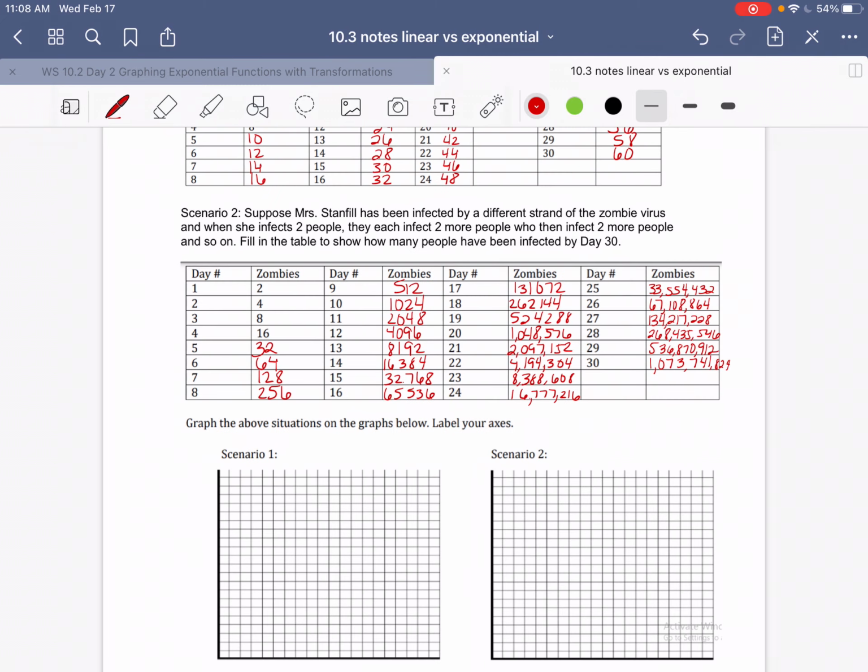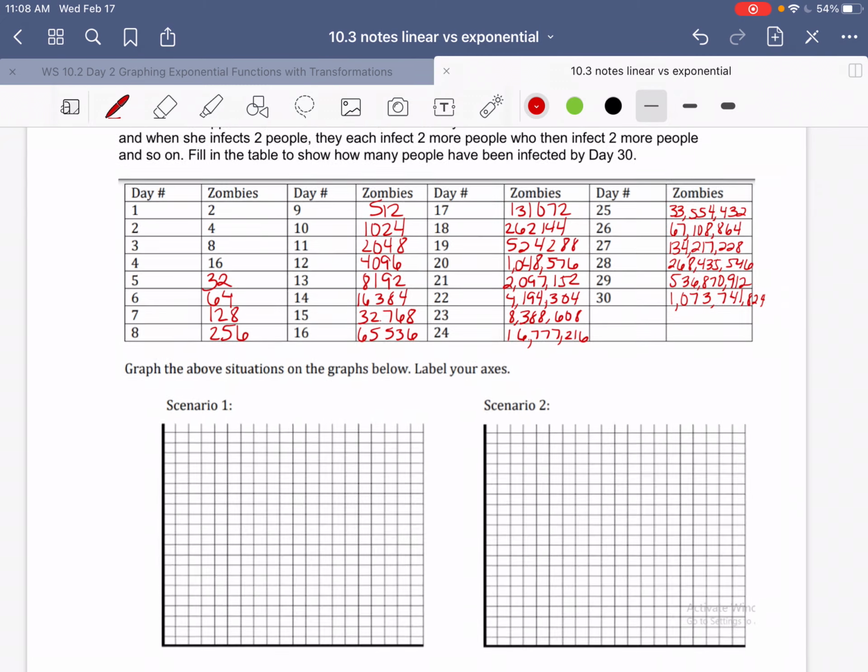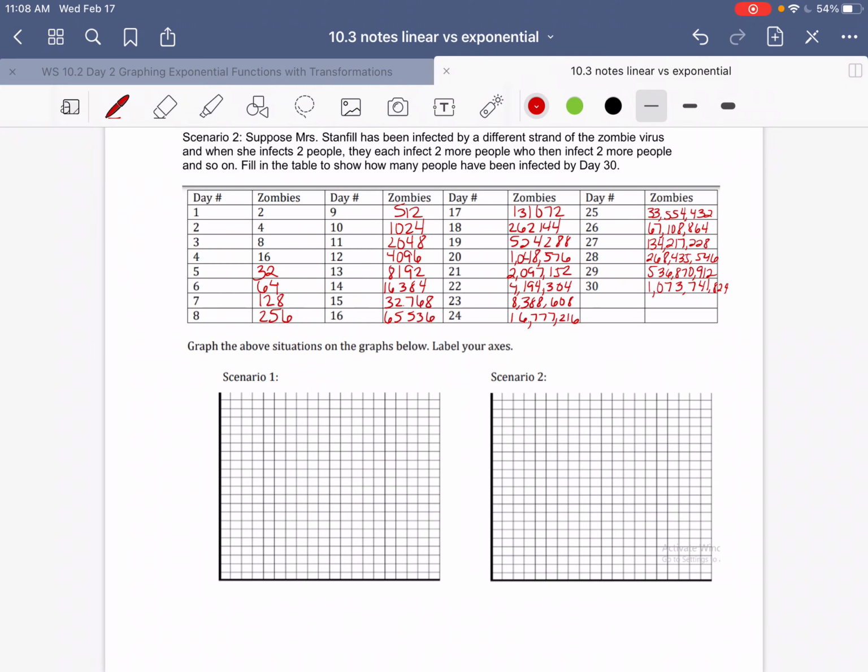So if you graph both of these situations, we should see a relationship, whether it's exponential or linear. So for number 1, the days is your x column. And our y value is the number of people infected.